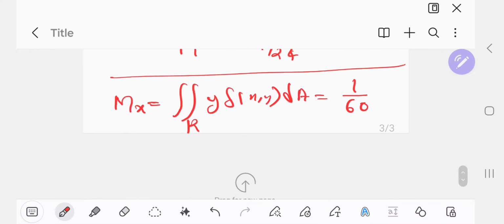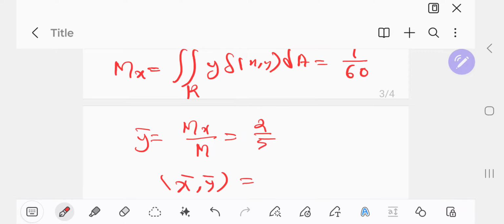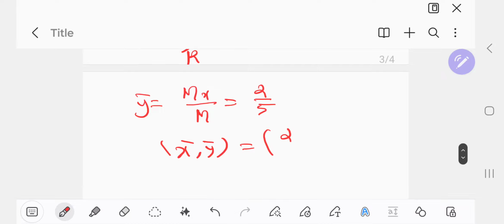Then y bar is equal to Mx by m, equal to 2 by 5 again. So the center of gravity (x bar, y bar) is (2 upon 5, 2 upon 5). This is the center of gravity. You can try similar questions.